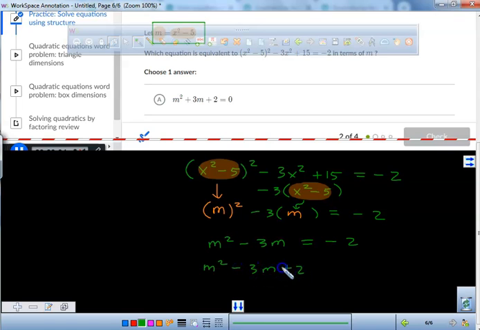We have a quadratic equation, and all I did was add 2 to this side, and I added 2 to this side. So I have a quadratic equation that I converted in terms of m. So a is not my answer. I'm going to be looking for m squared minus 3m plus 2.